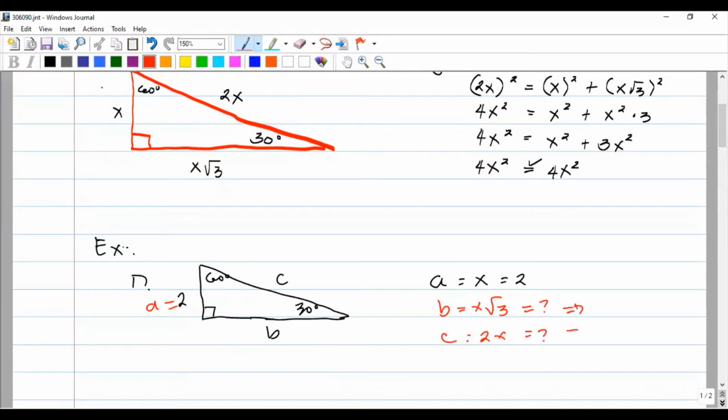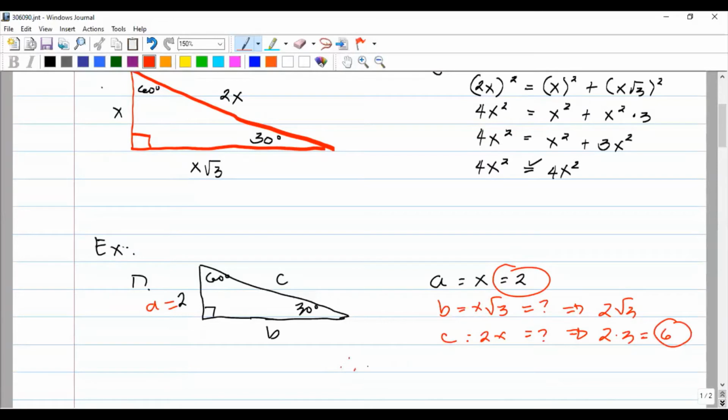However, since our x is already given, side B can have a value or length of 2 square root of 3, since our x is equal to 2, and our C is 2 times 3, which is equal to 6.